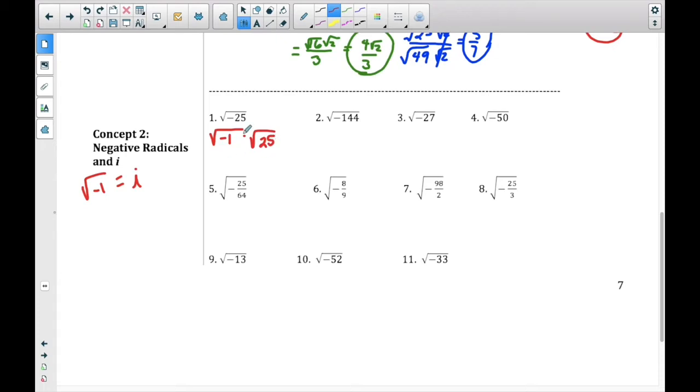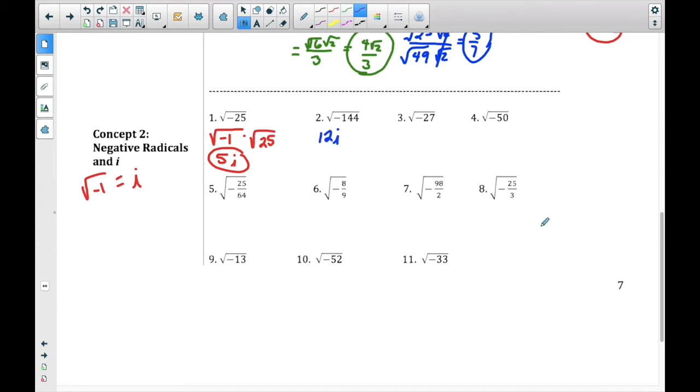I was just told a second ago that the square root of negative 1 is i, and the square root of 25, we know that's 5. So the answer here is 5i. So when you take the square root of a perfect square, but it's negative, you just have to put an i with it. So I think you can guess what the answer is to number 2.